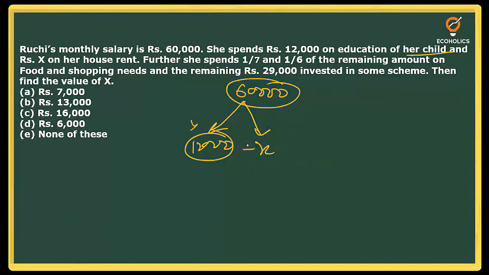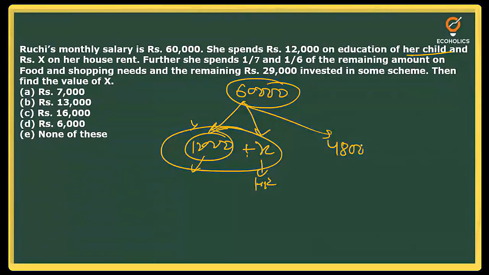This was on education and X on house rent. This is the house rent. What should be the remaining? So remaining is 48,000 minus X. Yes or no? Because 60,000 minus 12,000 minus X will give you this 48,000 minus X. This is the remaining one.